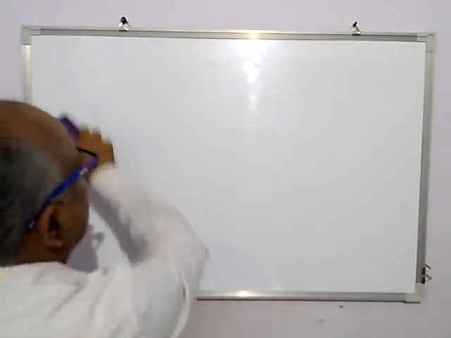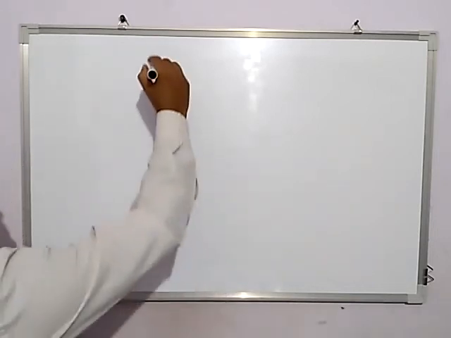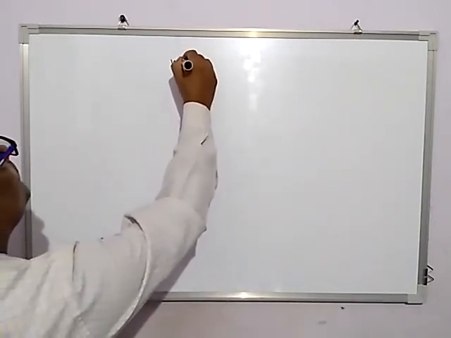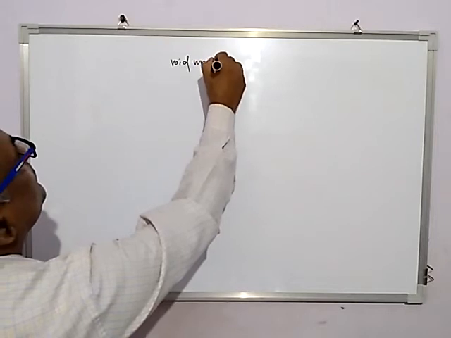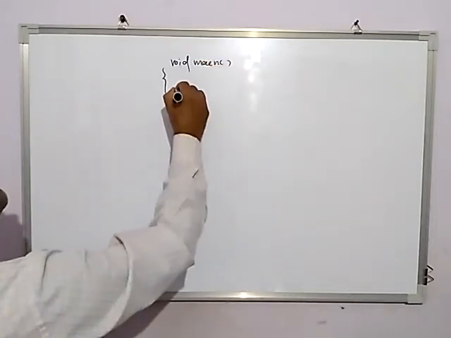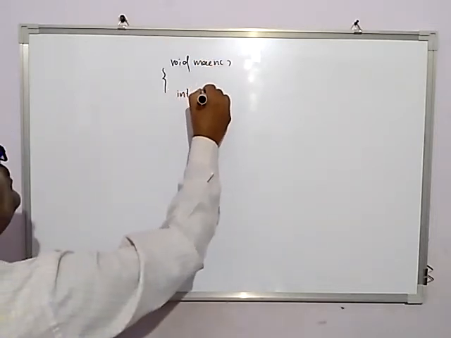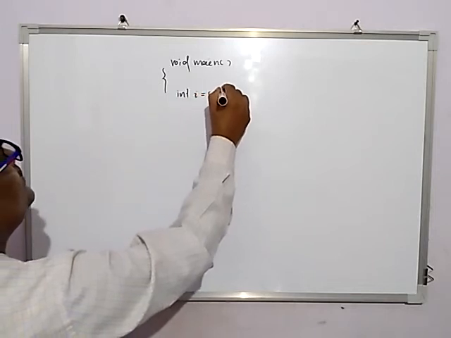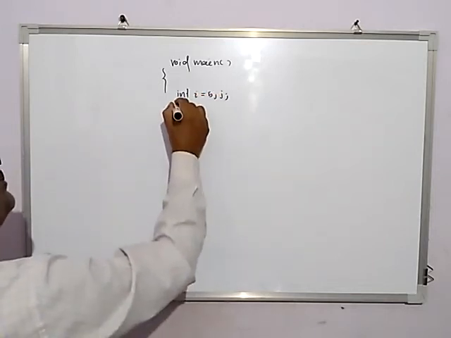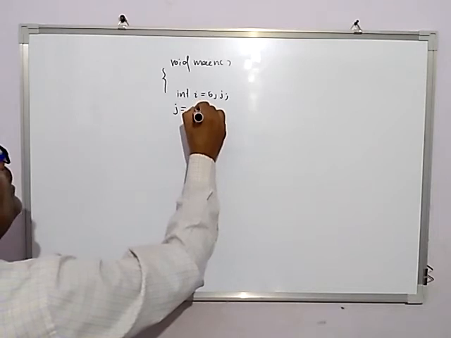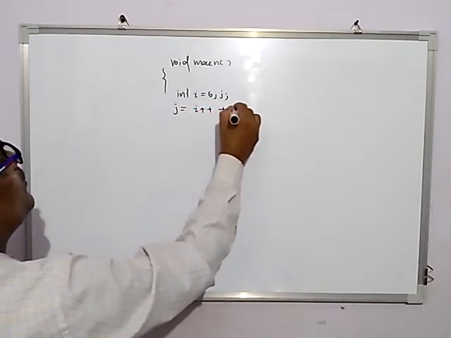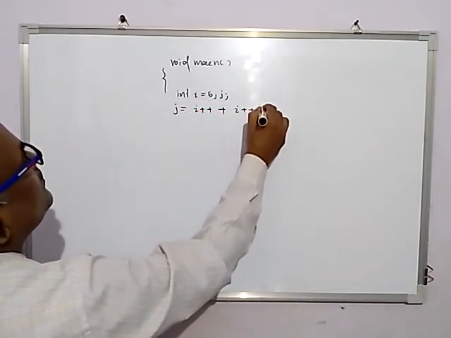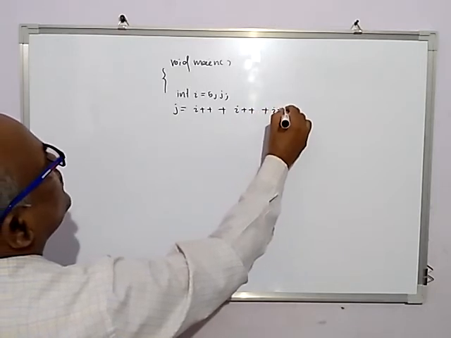Suppose we consider a program void main, int i equal to 5, j is another variable, j equal to i++ + i++ + i++.